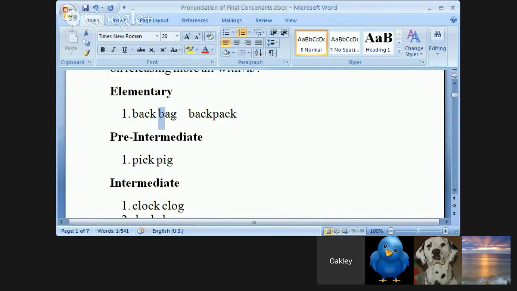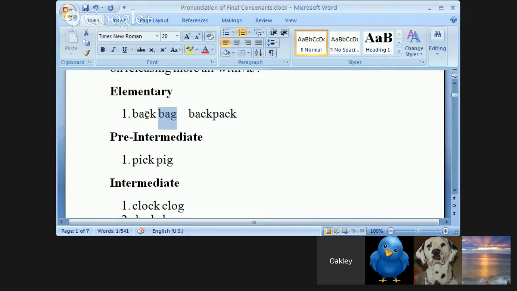Now, if I reverse it, if I do this one first, bag, back, bag, back. Notice when I pronounce it carefully, bag, there's a little g, there's a little sound after the G. You'll hear a little bag. Nice bag. Okay?